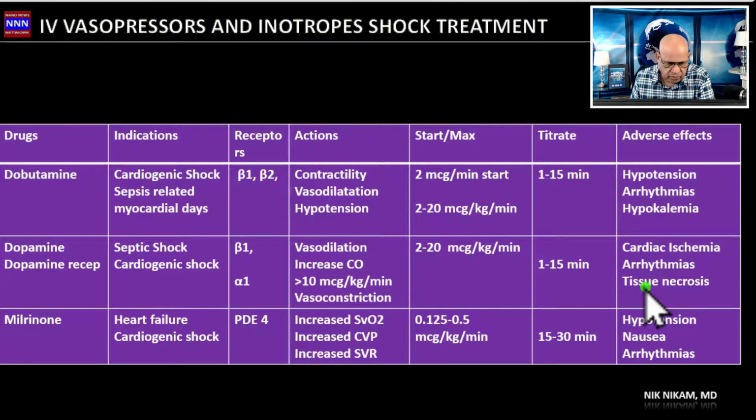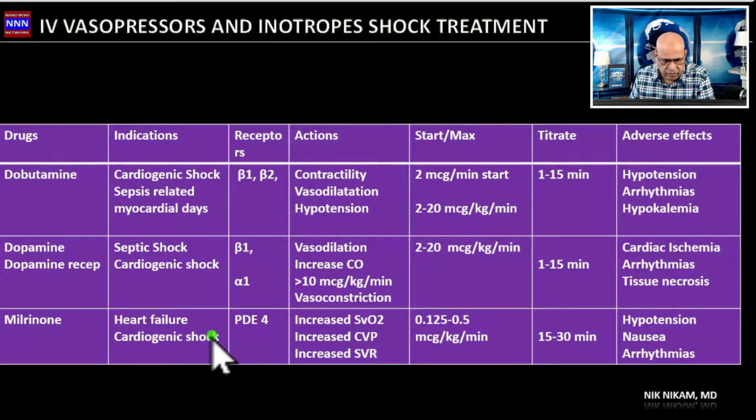Milrinone is an inotropic agent which is used predominantly in patients with chronic heart failure. It acts through the cyclic AMP or phosphodiesterase 4 pathway. It increases SVO2. It increases central venous pressure, and it increases systemic vascular resistance.